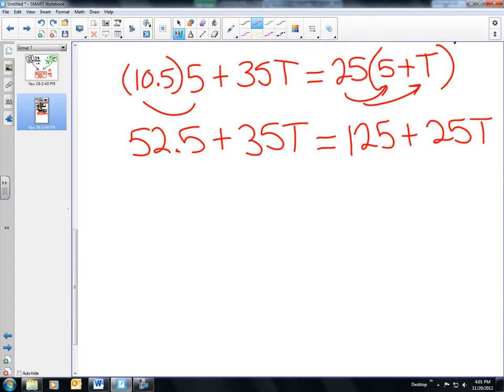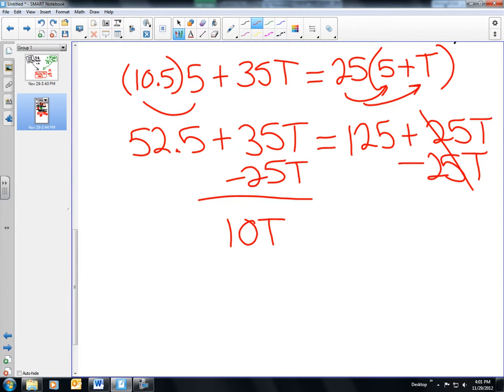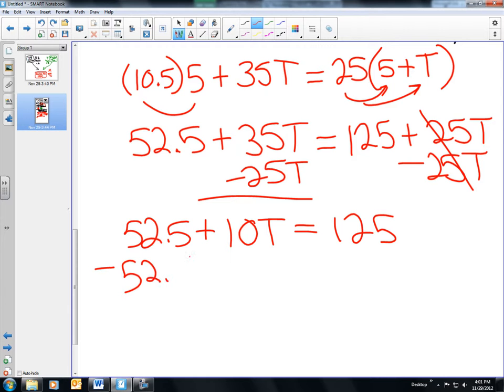And then we're going to use our equation solving techniques, where we subtract 25T from both sides. Over here you'll get 0. Here you'll get 10T, plus 52.5 equals 125. And then you're going to subtract 52.5 from both sides.